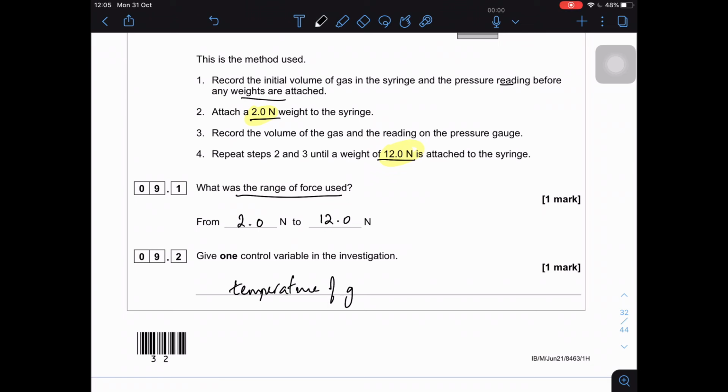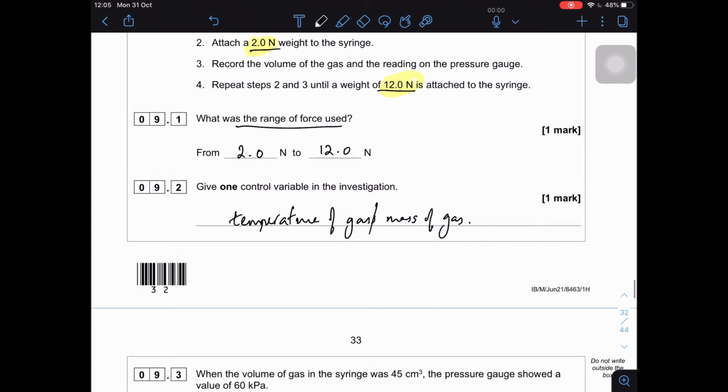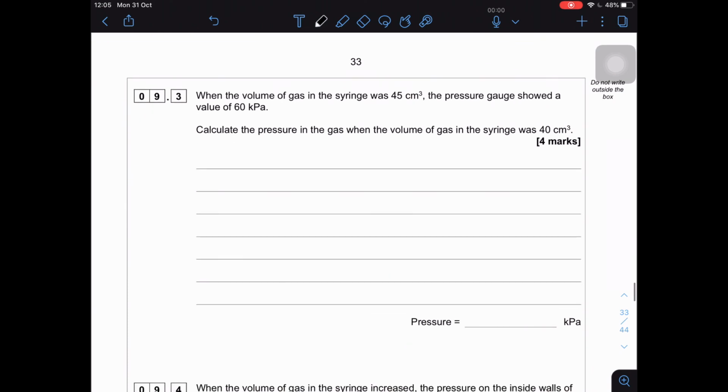Temperature of gas, the mass of the gas, both were kept the same. So any one of them will give you the right answer, 1 mark.